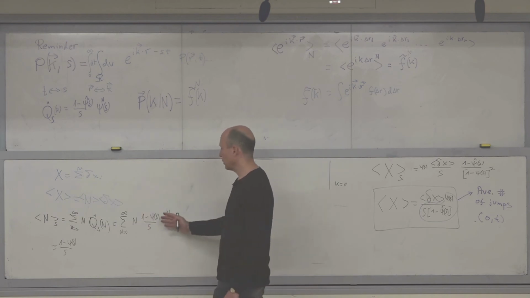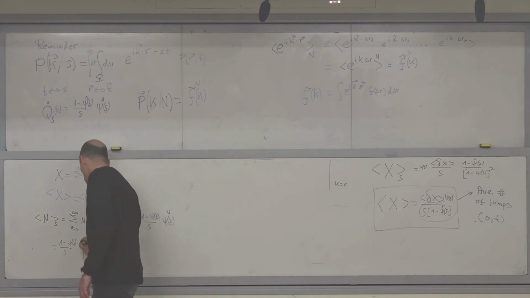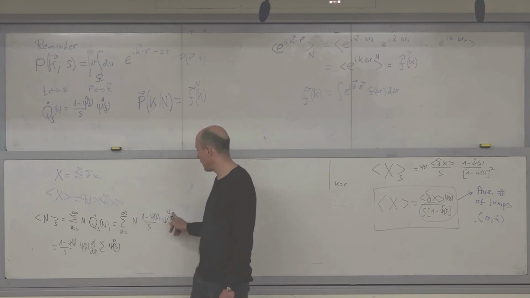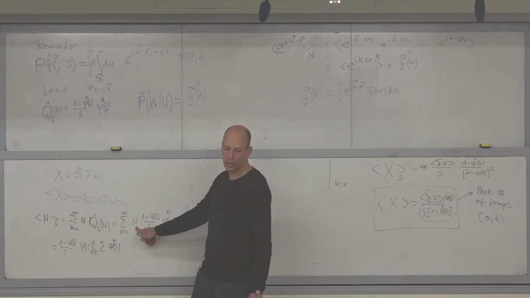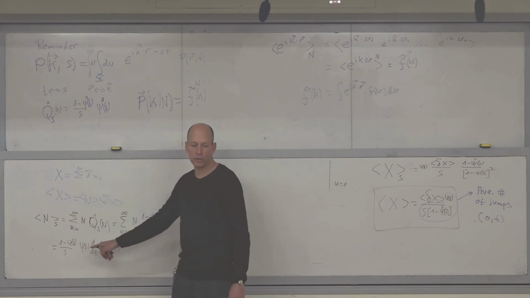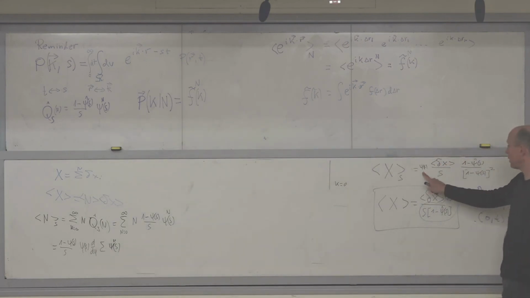So I can take this factor out, and then I have this sum, which I can write as psi of s times d psi of the sum of psi s to the power n. Because when I take the derivative with respect to psi of psi to the power n, I get this n downstairs, but then I get n minus 1, and that's why I need to multiply by this psi of s. And this psi of s is essentially the same as the psi of s that you have here.